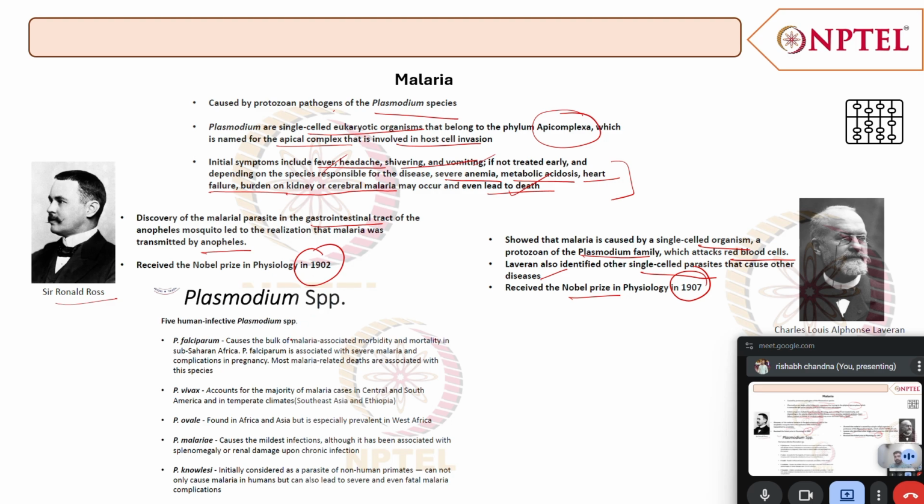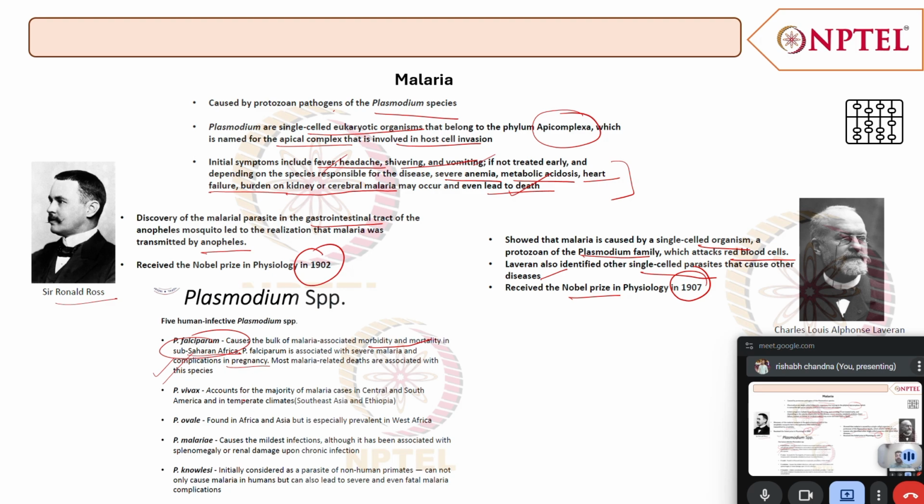First is falciparum, the most common and the most causative one. It causes the bulk of malaria-associated morbidity and mortality in sub-Saharan Africa. Okay, so the major region where malaria is spread is sub-Saharan Africa. Plasmodium falciparum is associated with severe malaria and complications in pregnancy. Most malaria-related deaths are associated with this species.